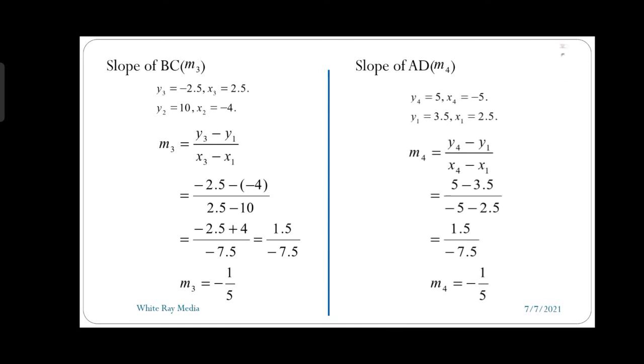Let us apply all the x and y values in M4. That is equal to (5 minus 3.5) divided by (-5 minus 2.5). That is equal to 1.5 divided by -7.5. Therefore, M4 is equal to -1 by 5. Here, the slopes M3 and M4 are equal.